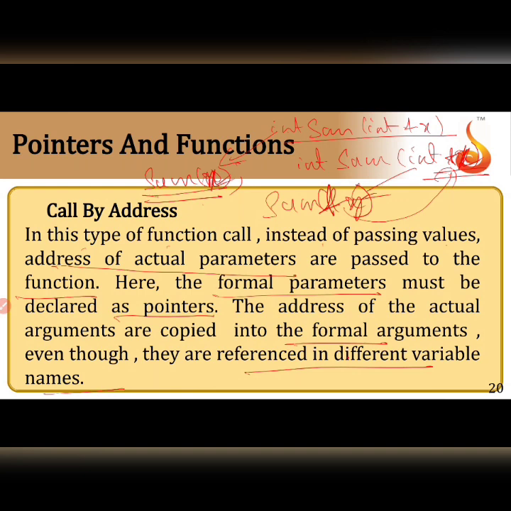Then we'll write the same program. I will use the by address mechanism. So how is the syntax different? The output would be the same, but how you can use it in a different way, I will tell you.